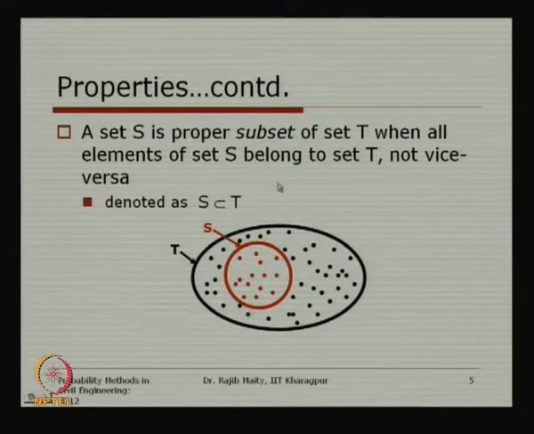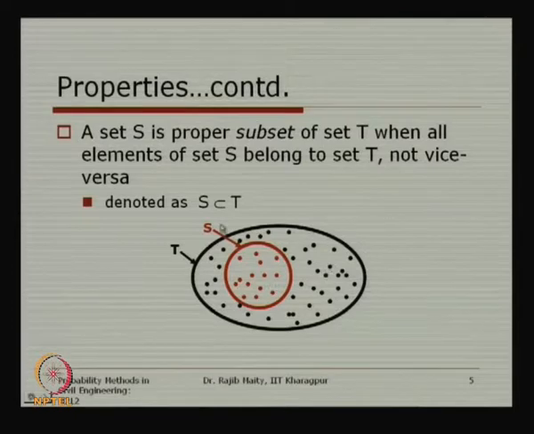This is very important, which is known as the subset. A set S is a proper subset of another set T if all the elements of S belong to T, but the opposite is not true, that is, vice versa is not correct.